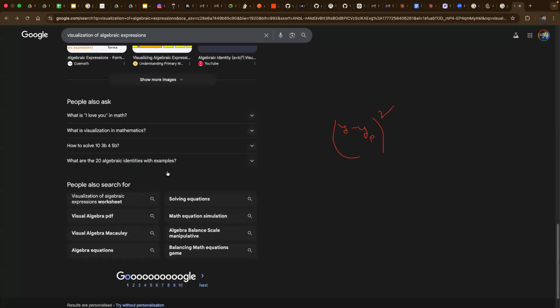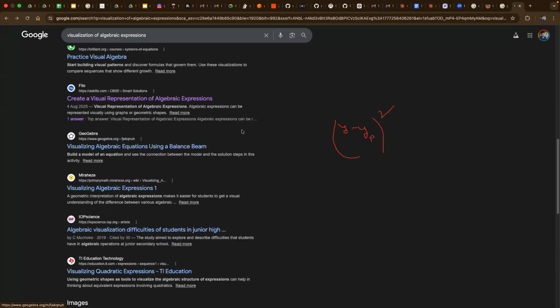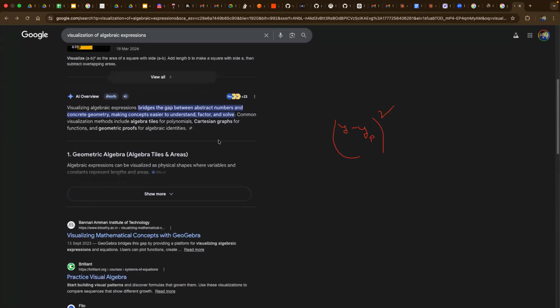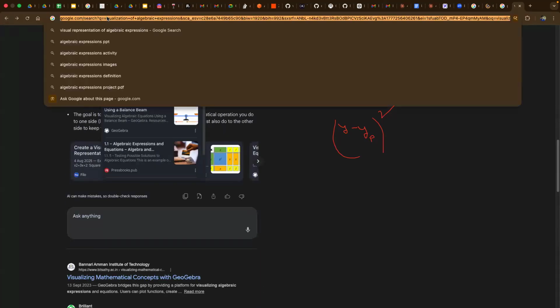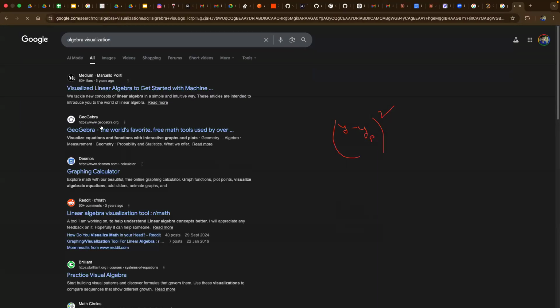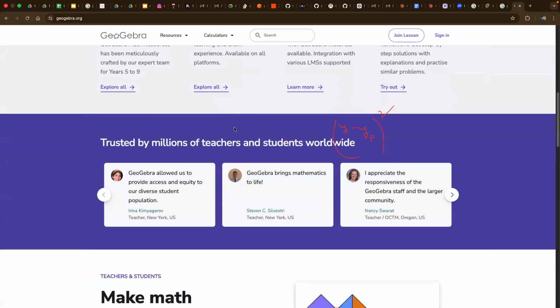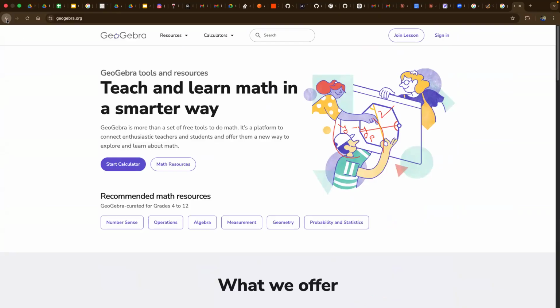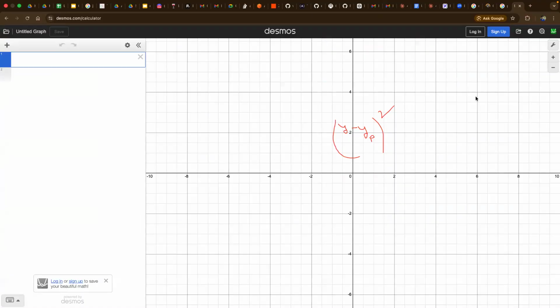I forgot that website actually. You can just give the equation and it will create the graph for you. Desmos, finally.